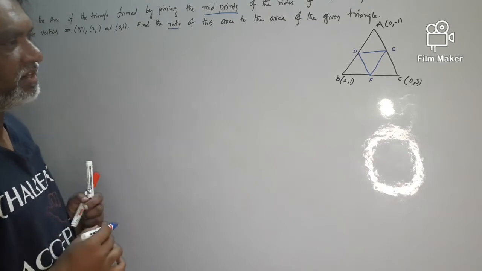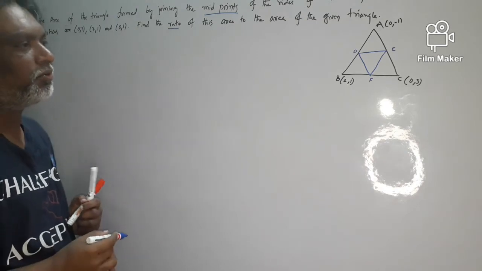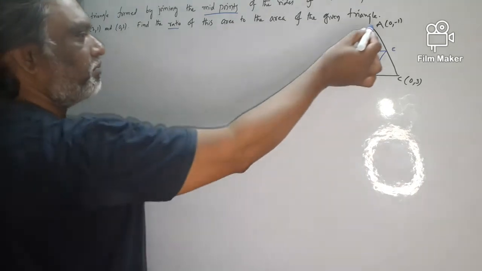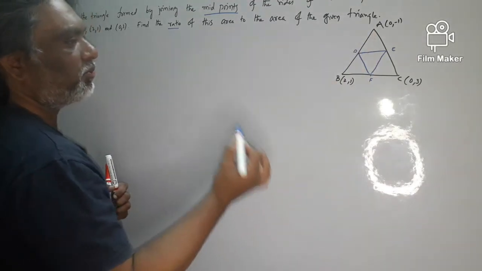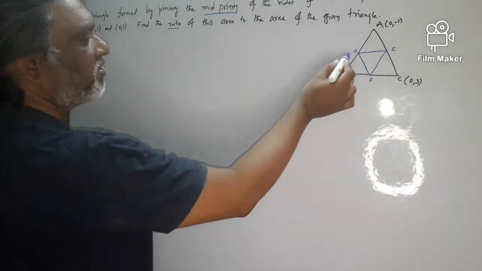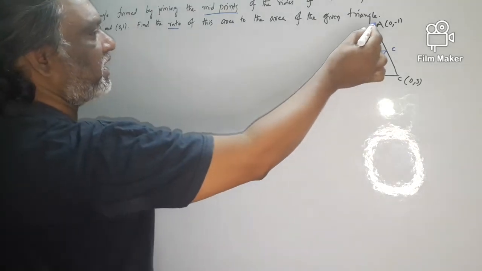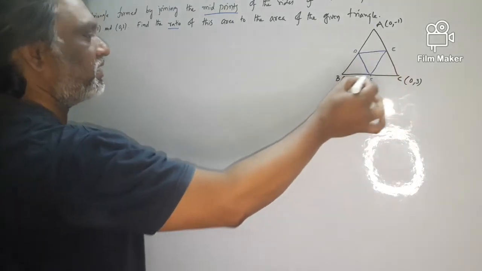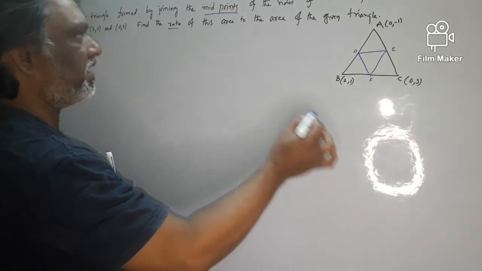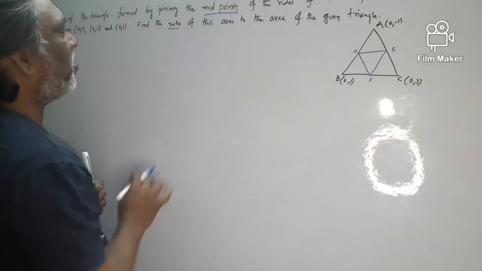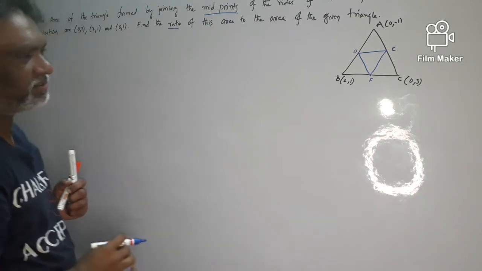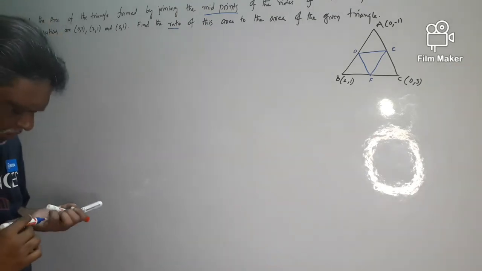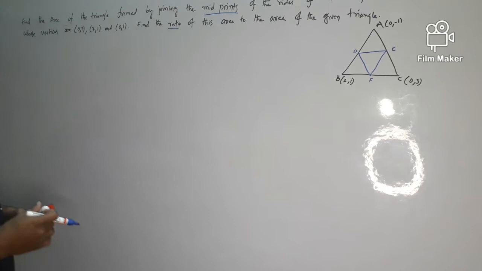First of all, we find the midpoints of the sides. Next, find the area of DEF and area of ABC. Then we get the ratio of areas of the triangles.